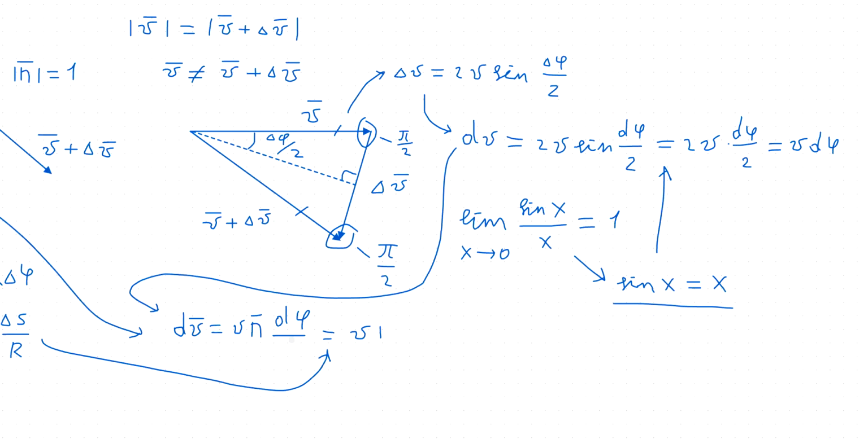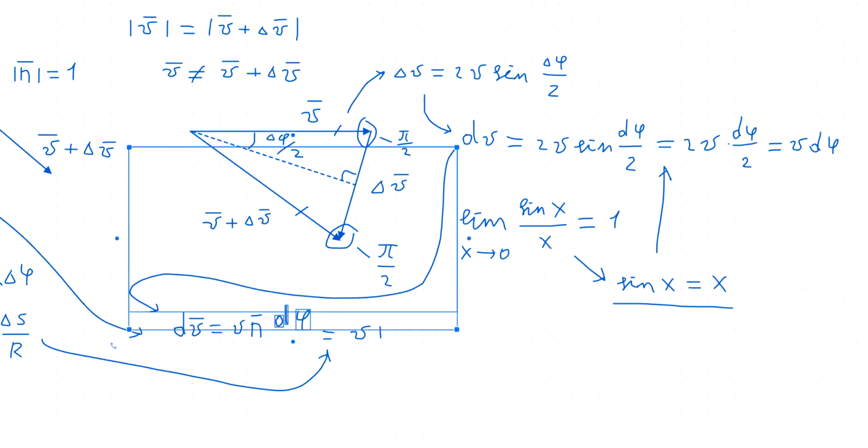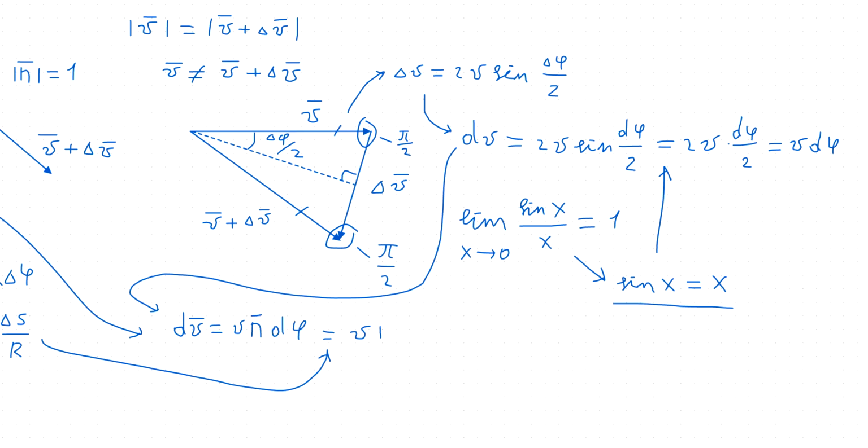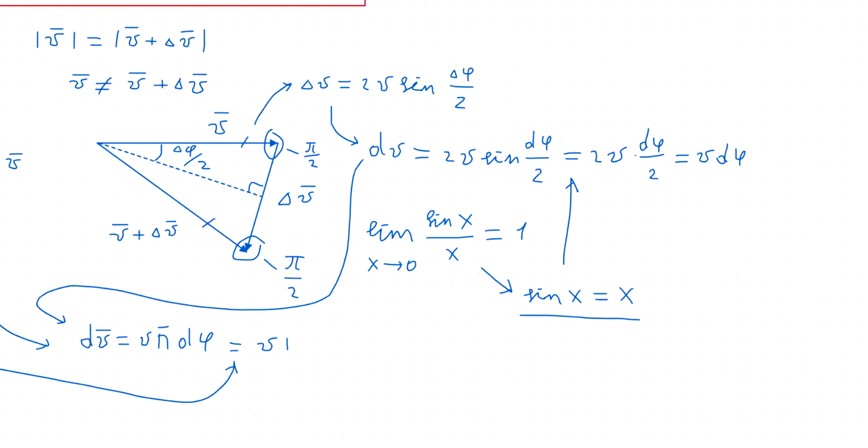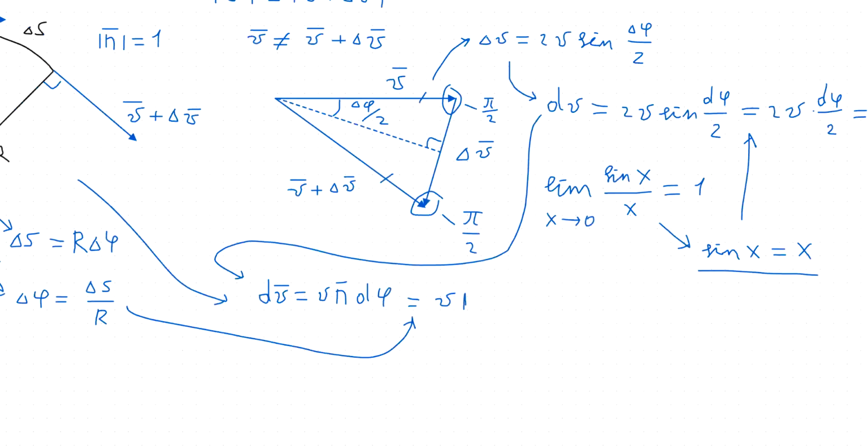It will be just the phi, without 2 in denominator, because we have this. So it will be v multiplied by n and multiplied by ds divided by r. And this will give us the answer.